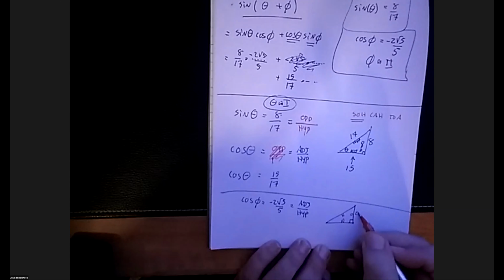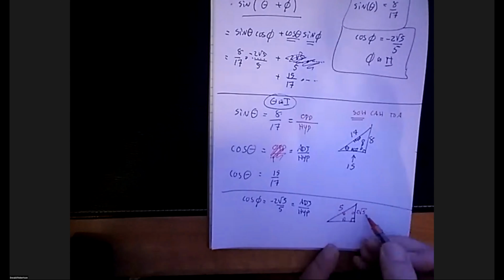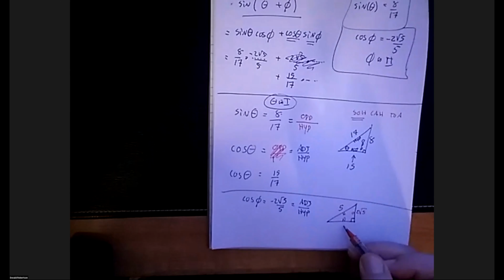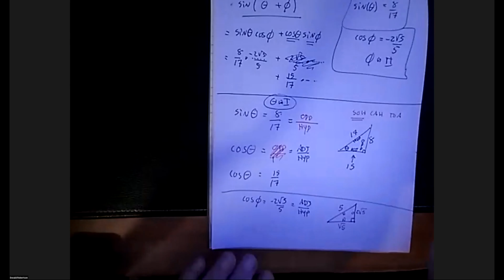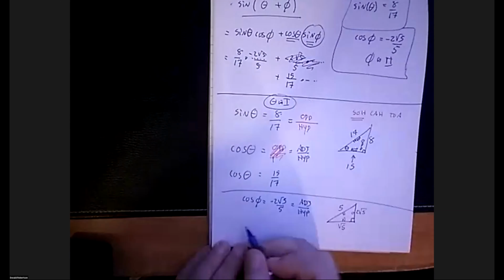The opposite is 2 root 5. The hypotenuse is 5. If you use Pythagoras with this number and this number to get this third side here, let's say 25 take away 20, this fella here ends up being root 5.